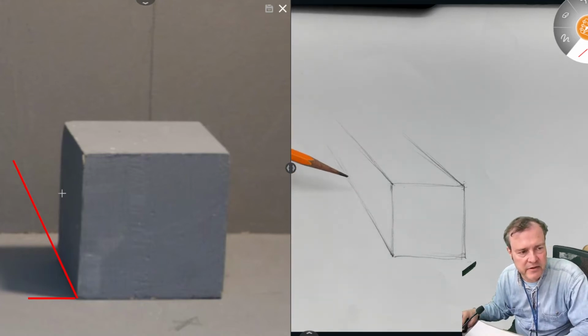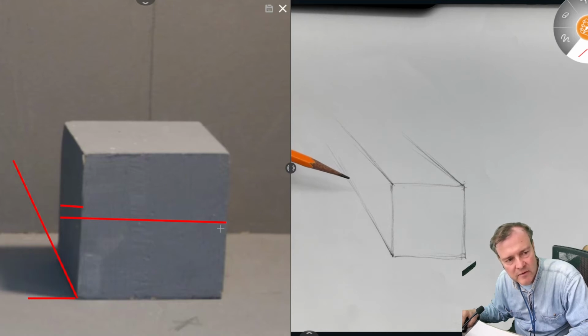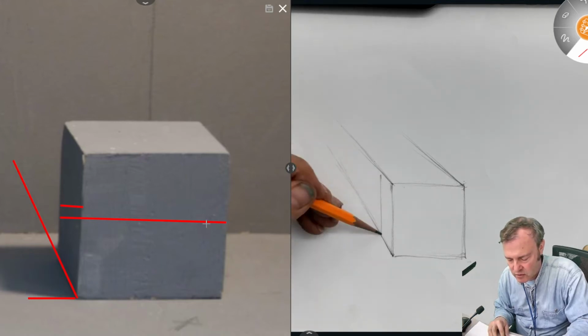The last challenge is to figure out how foreshortened this edge is. And looking at this distance here to here, I would estimate that it is about maybe 1/7 or 1/8 of this overall distance. So I'm going to draw it that short.